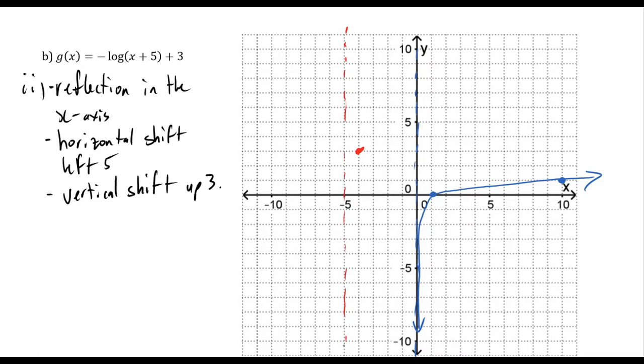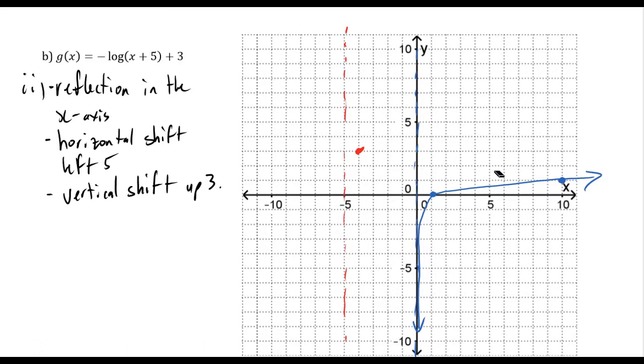It's reflected, so it's curving the opposite direction from our parent function. And from here, instead of going up 1 and then over by a factor of 10, I'm going to go down 1 and over by a factor of 10. So 1, 2, 3, 4, 5, 6, 7, 8, 9, 10, which is from here down, reflected down here, and then over 1, 2, 3, 4, 5, 1, 2, 3.